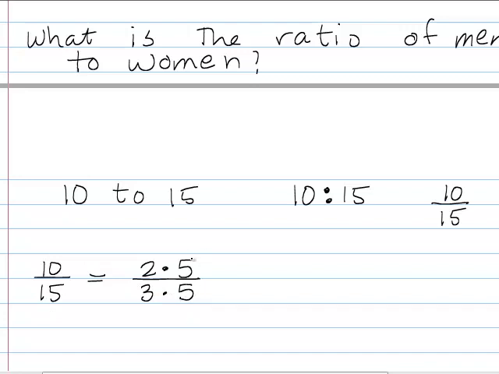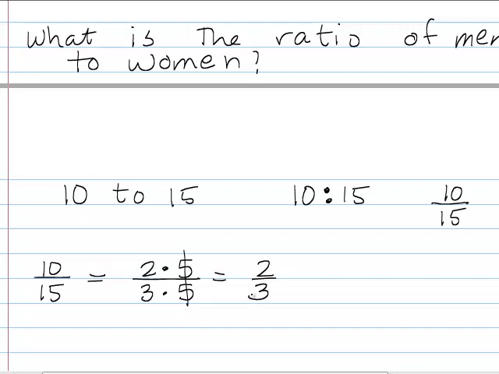Now I can see clearly that I have a common factor of 5 in my numerator and my denominator. Well, I know 5 over 5 is just the same thing as 1, and so we say we cancel that or reduce this. So the ratio of men to women in our classroom is 2 to 3.